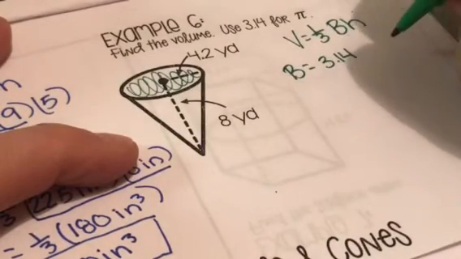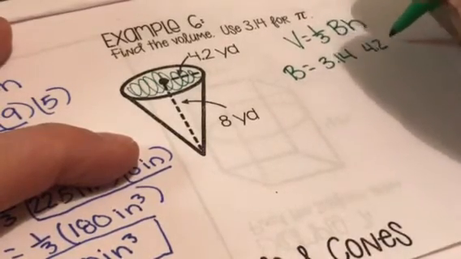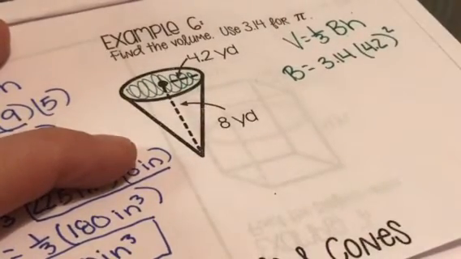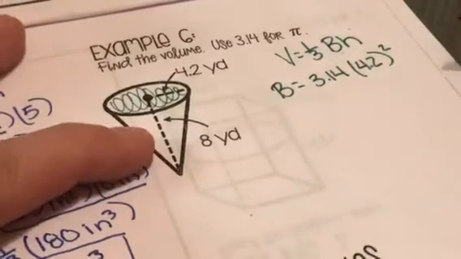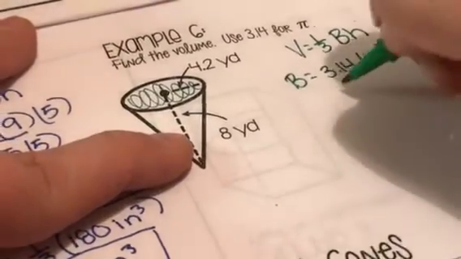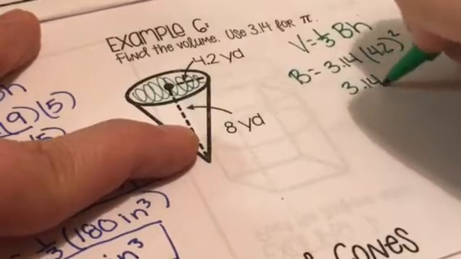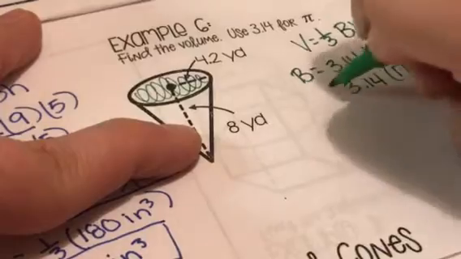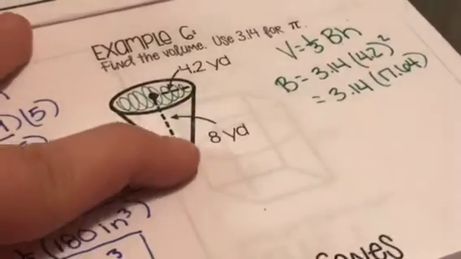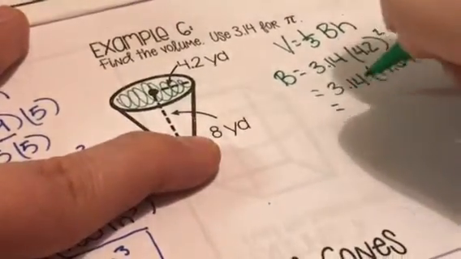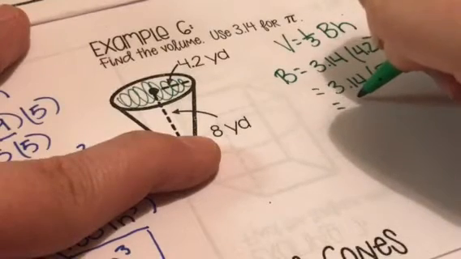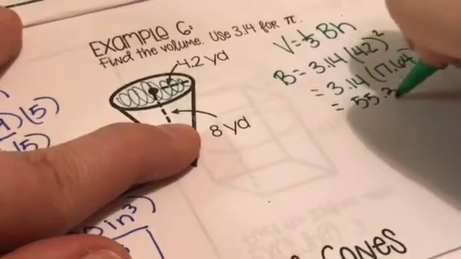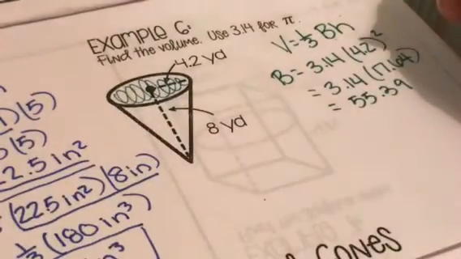And then my R is going to be 4.2, squared. So 4.2 times 4.2 is going to be 17.64. And when you times that by 3.14, the big B should be 55.39. Okay.